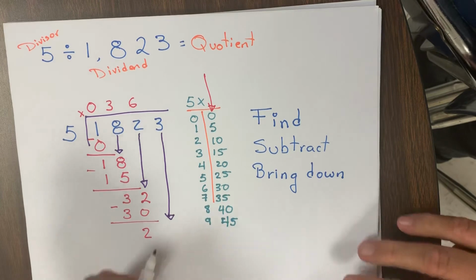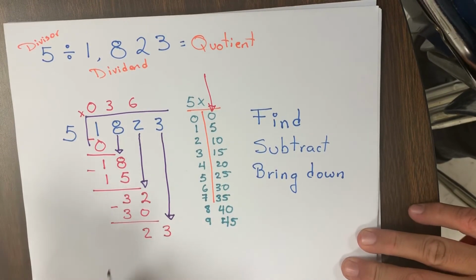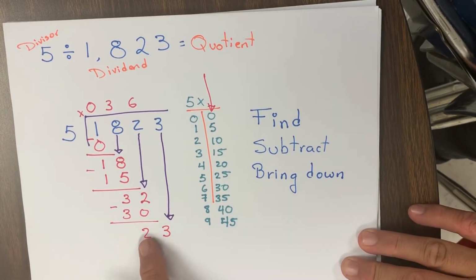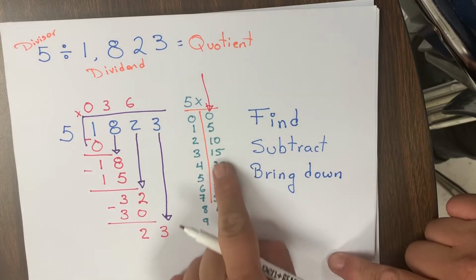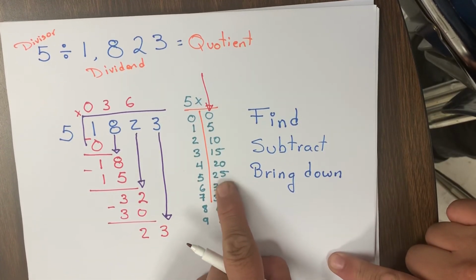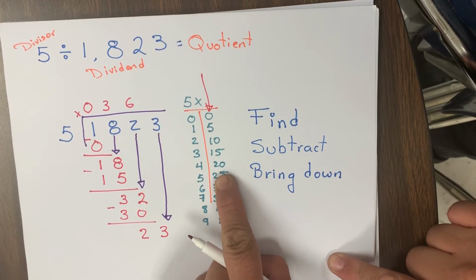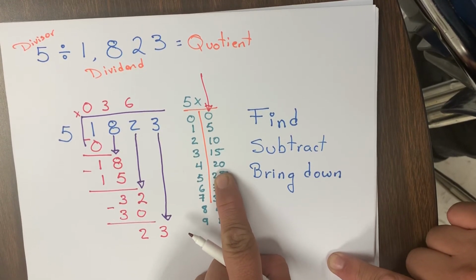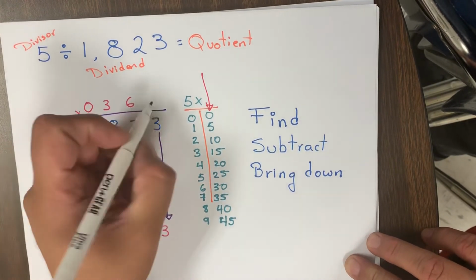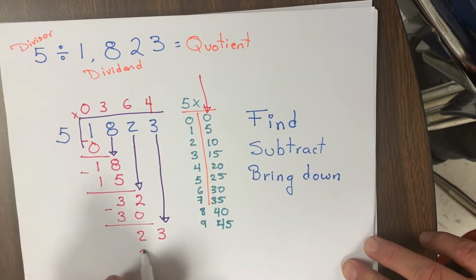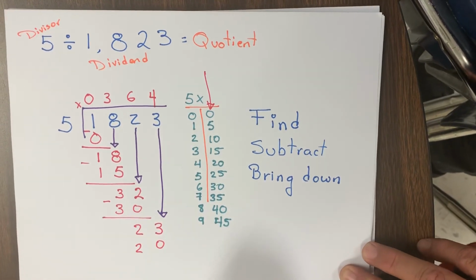And that lovely 3 is going to go here. Now I'm going to try to find my 23. I don't see a 23, but I see a 20, because 25 is more than that, so it's got to be a 20. It's going to be 5 times 4, 20.